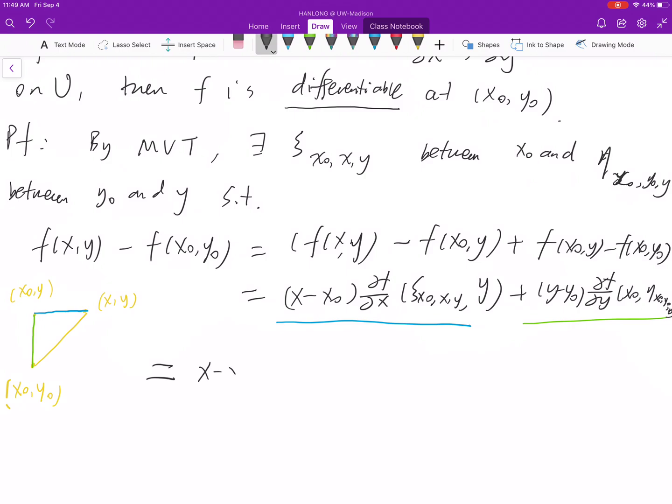you write it as a differential with an error term, then you have the following.